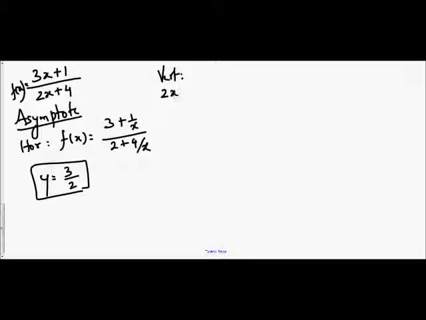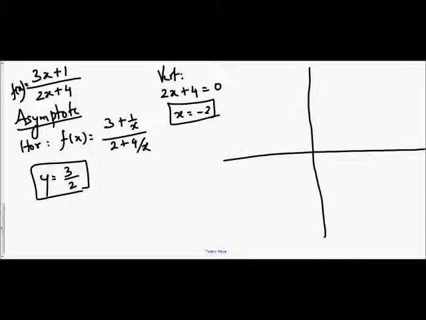denominator equal to 0, so x is equal to minus 2. This is our vertical asymptote. So let's start sketching the curve. Y equal to 3 over 2, which is 1, 2, 3.